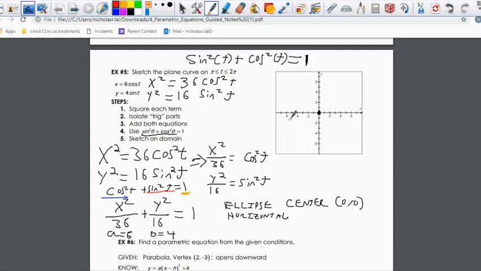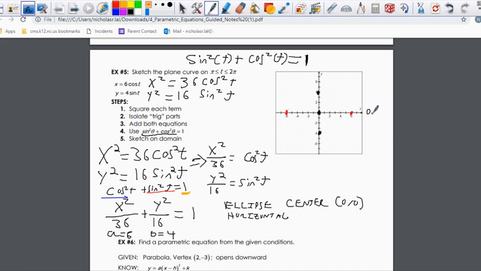Which means we're going to have vertices at -6 and 6, and then we'll have co-vertices at -4 and 4.